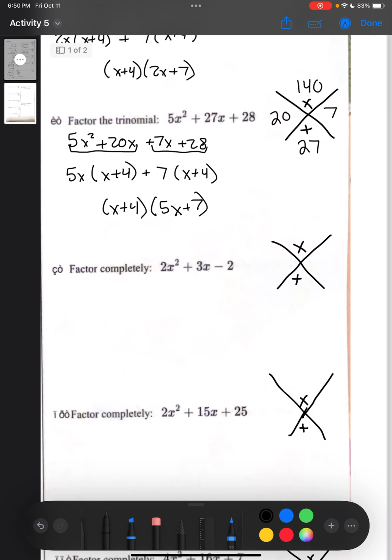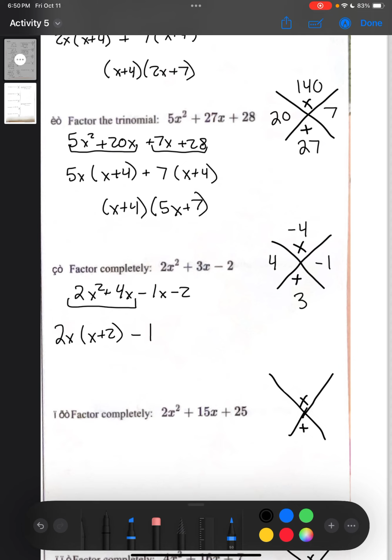On to the next one, we are trying to get numbers that multiply to negative 4 and add to 3. That should get you to 4 and negative 1. You can do 2x squared plus 4x minus 1x minus 2. In this one, we are going to bring out that 2x to get x plus 2.